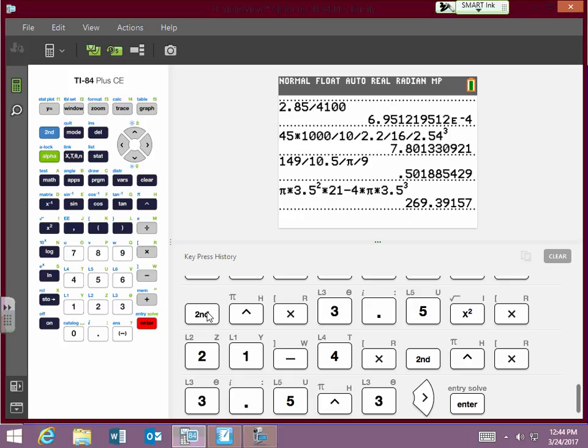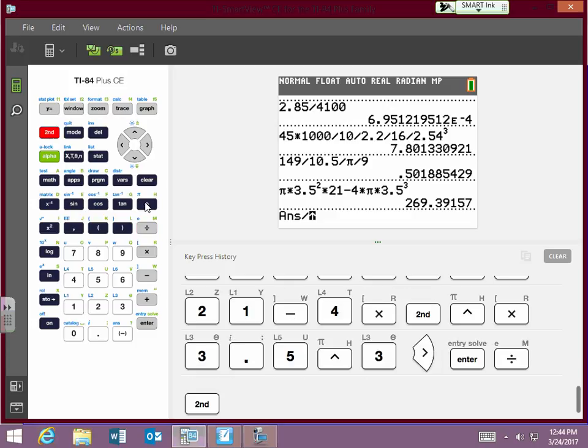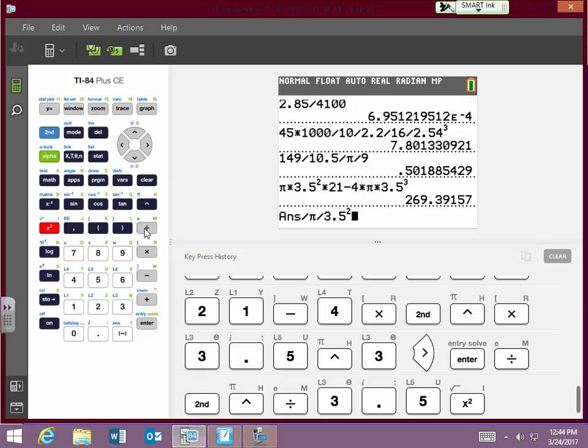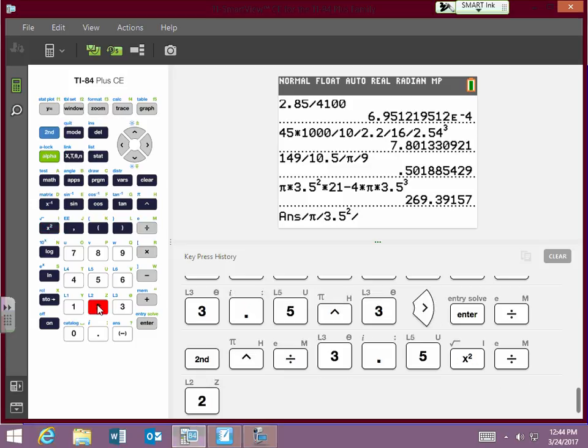So I can just go divide, right? And that'll pick up that answer. Second pi. And then divided 3.5 squared, and then divide again. What was 21? That was that last number, wasn't it?